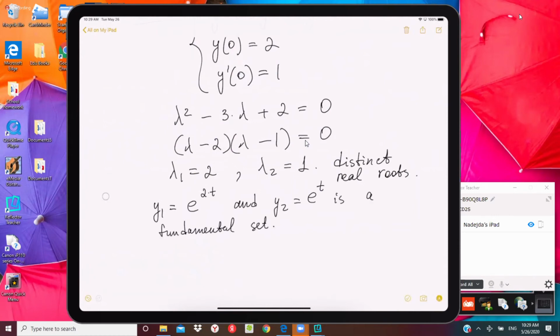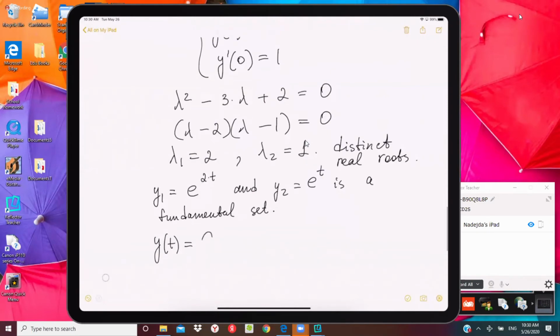That implies our general solution, y of t, will be a linear combination of these two fundamental solutions. So it's c sub 1 e to the 2t plus c sub 2 e to the t. So we have the general solution. Do you agree so far?